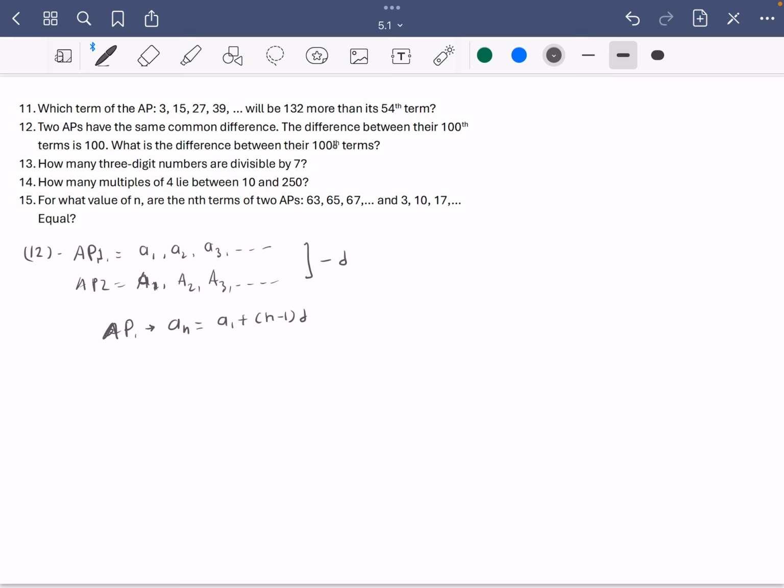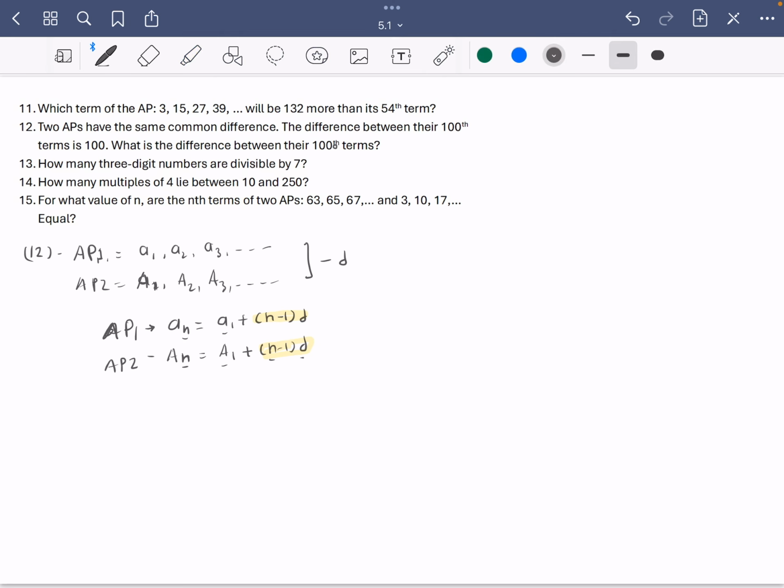And for AP2, an is going to be A1 + (n - 1) times d. We are calculating the same term, n and n, so n is the same, and d is the same. Now you will see that the first terms are going to be different. We do not know what these terms are in both the APs, but the (n - 1) times d part is the same in both.